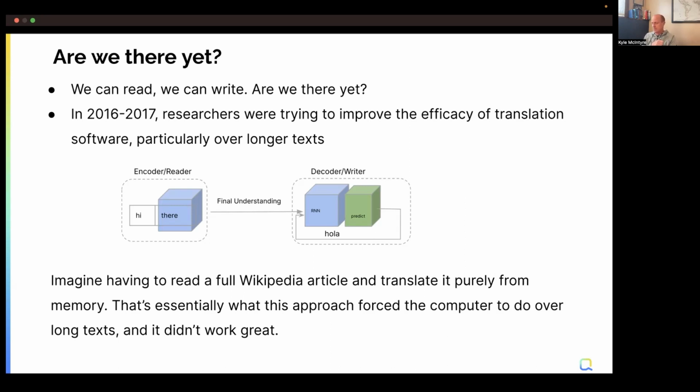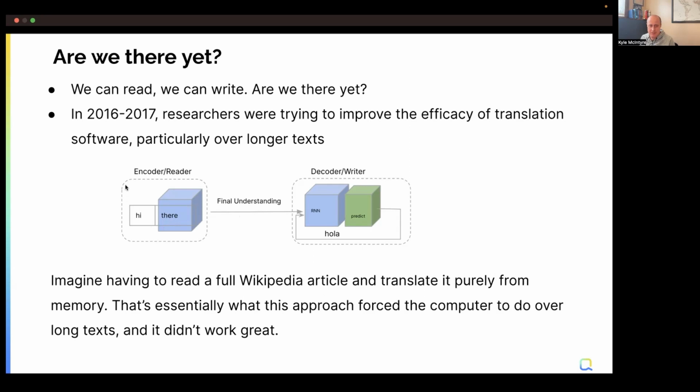over longer texts. And by this point in the video series, you know enough to understand how a translation model worked, at least at the time. Translation models, and a lot of them still work this way, but LLMs are changing that, had essentially our familiar reading architecture that we've been covering so much.